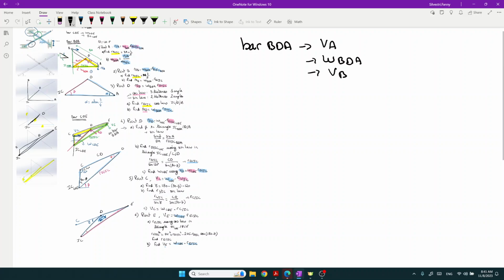We found VB. We found VD. We switch to the bar CDE. What we have is VD. We use VD to find omega CDE. And we found VC and we found VE. Of course, to find all of that with the IC method, we need all the distances from the IC. We need to find the location of the IC and find all the distances.